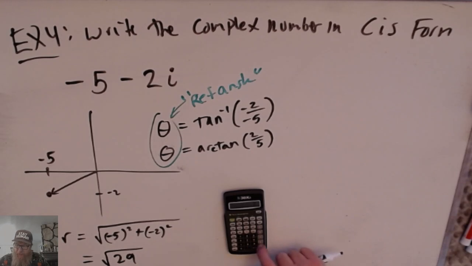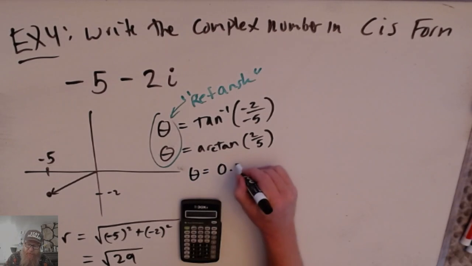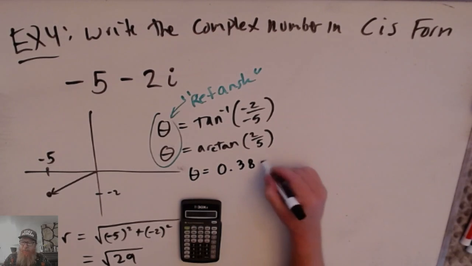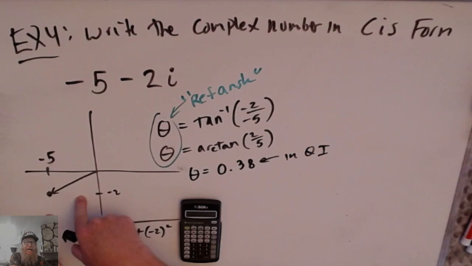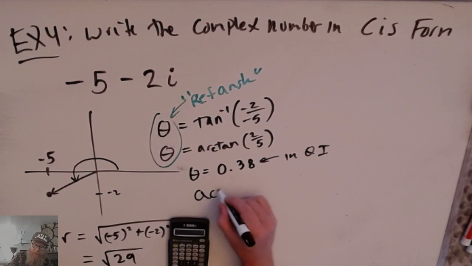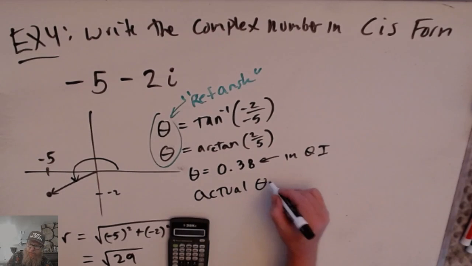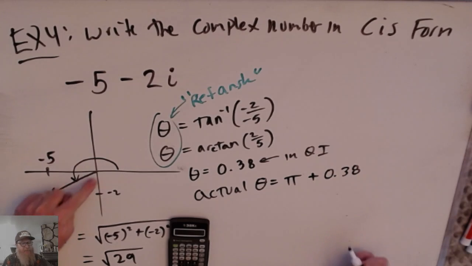So 2/5 or 0.4, and then arctan. So theta is 0.38, but that would be in Q1. We're not in Q1, we're in Q3. So our actual theta is pi plus 0.38.